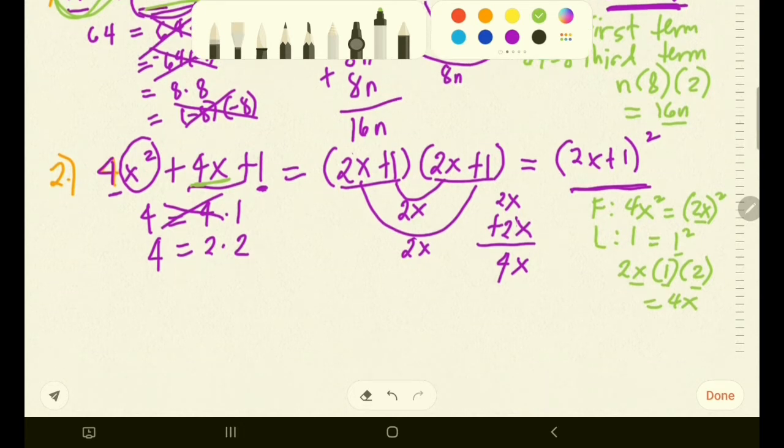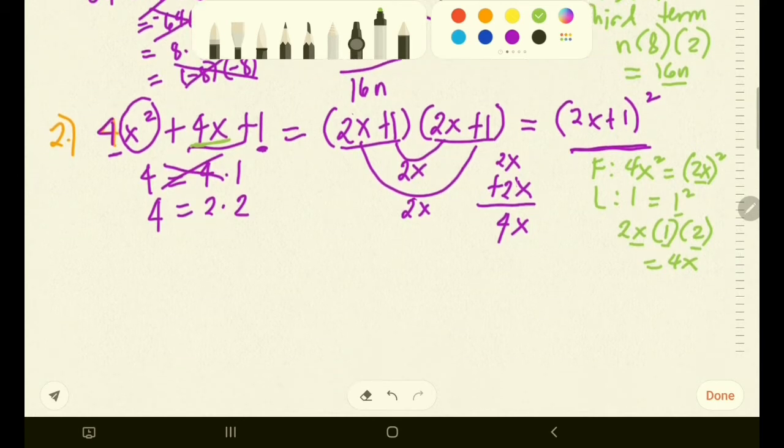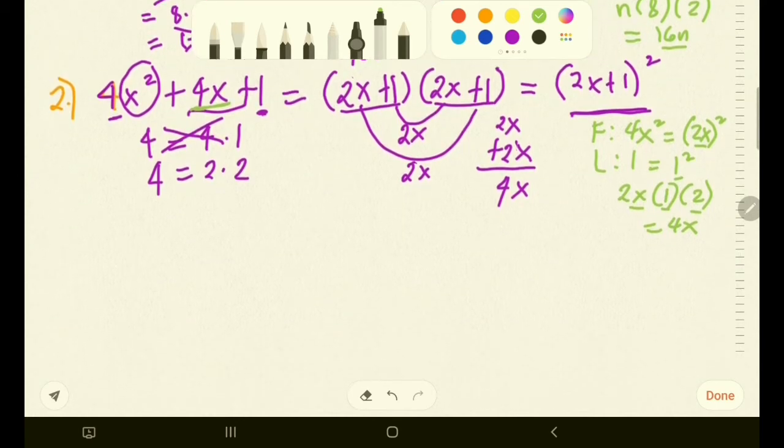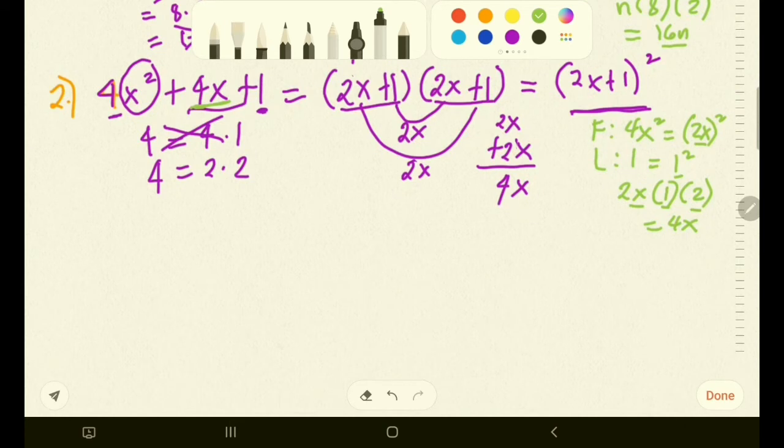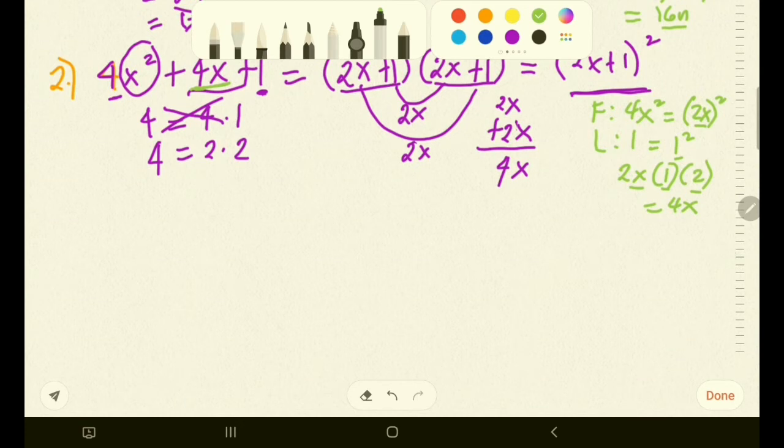Okay, I'm going to give you a trinomial that is not a perfect square so that you can compare, or differentiate, what is a perfect or not perfect square trinomial. Okay, let's have an example here. Not a perfect square trinomial.